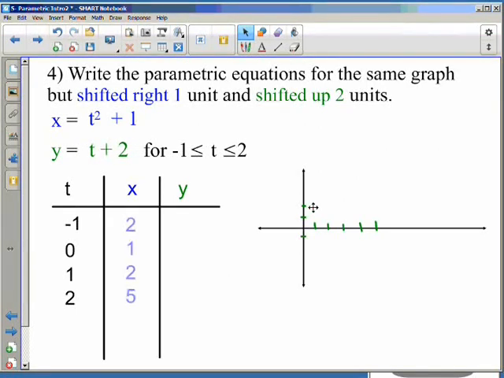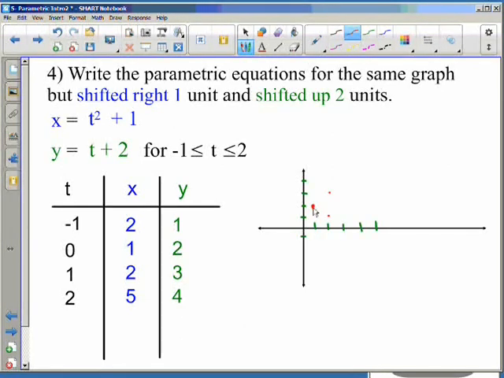And if we plug these values in, we see -1 squared is 1, 1 plus 1 is 2, and so on. The y values are 1, 2, 3, and 4. If we plot these points, we get 2, 1, dot there, 1, 2, the dot that we'd hope to hit. Hopefully that's our vertex. Go to 2, 3, that's going to be up here.